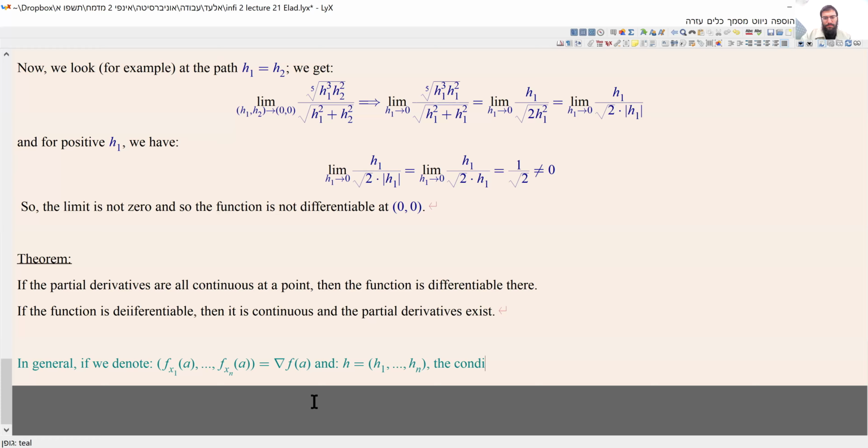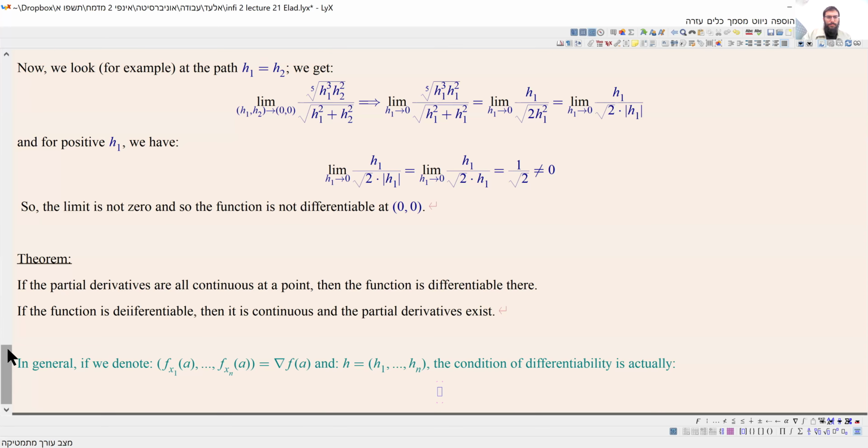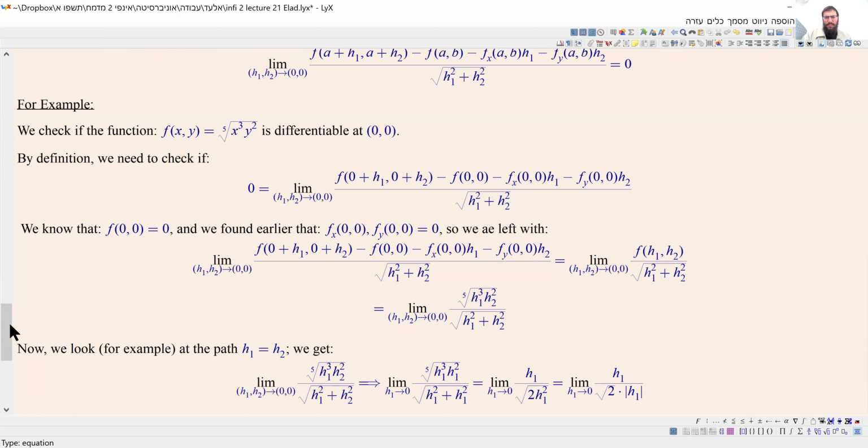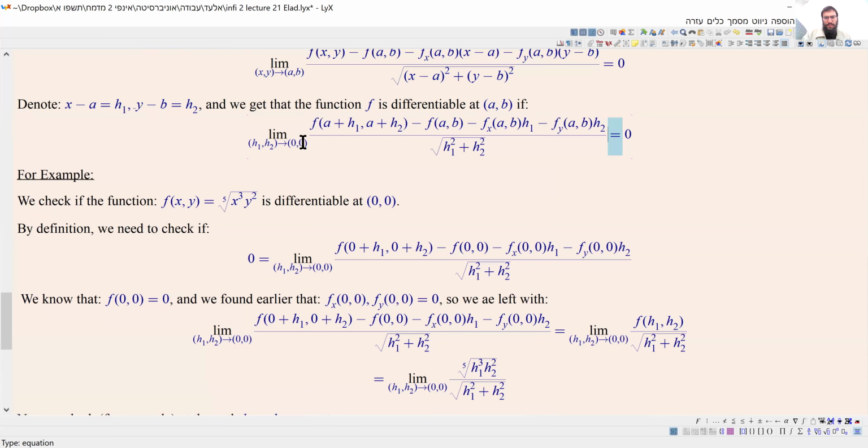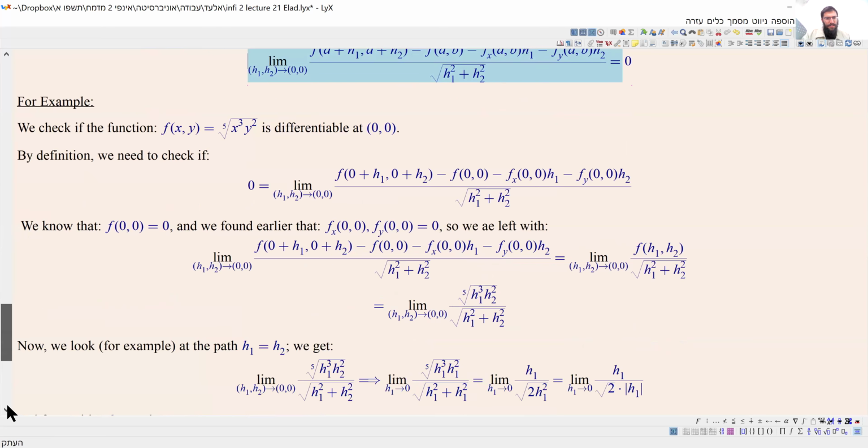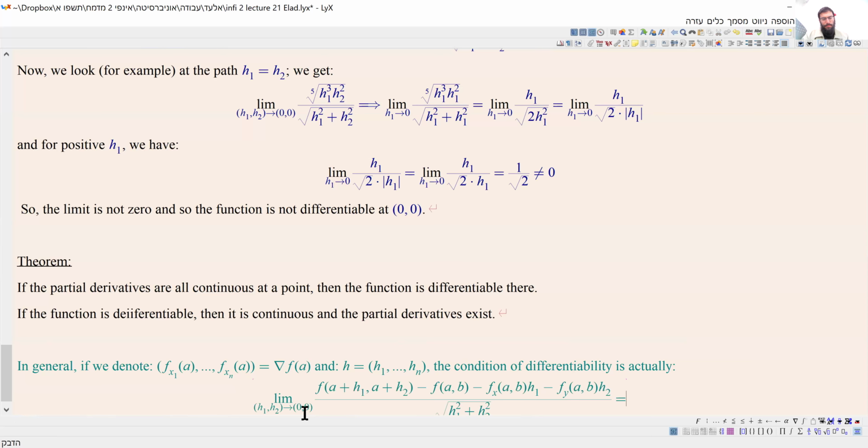The requirement of differentiability is actually the following. I wrote it down explicitly for 2 variables.